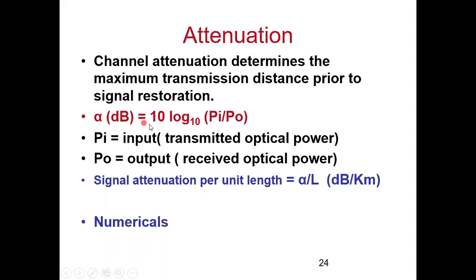Please write down the questions; those have been asked in previous papers, from the books of either Senior or Keiser. So understand it properly. This is attenuation in dB. Suppose they tell you attenuation per unit length, then you need to find alpha by L, that is dB per kilometer. With this formula, I will be dictating to you the first numerical.